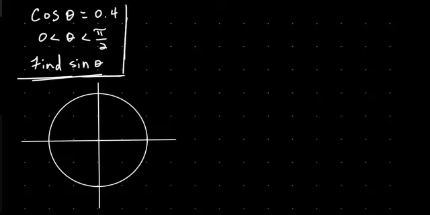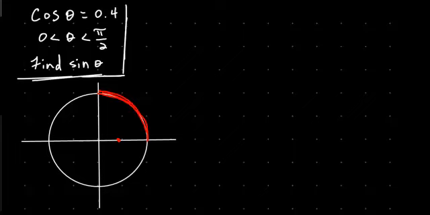And we know cosine theta is 0.4. What does that mean? That means my x coordinate is about 0.4. So somewhere in there is my x coordinate. And I know theta is between 0 and pi over 2, so I know I'm somewhere on this arc here. And so cosine theta is 0.4.